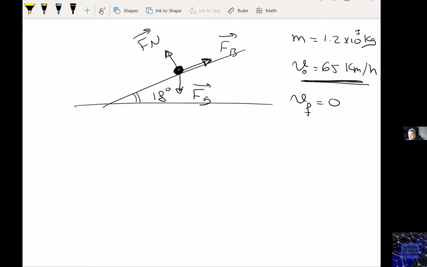So as you can see in this problem, we have the gravitational force.